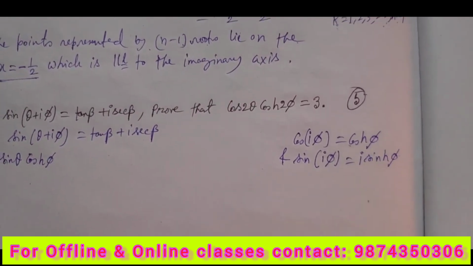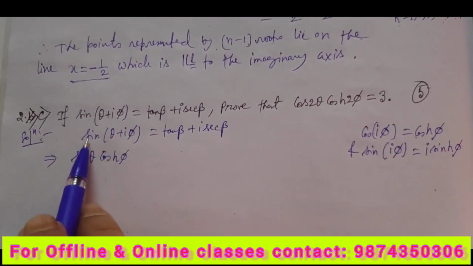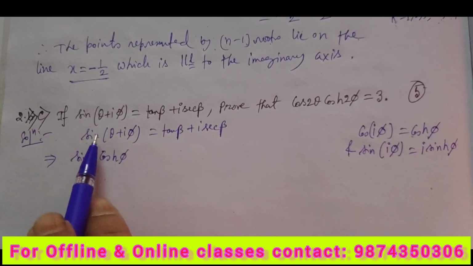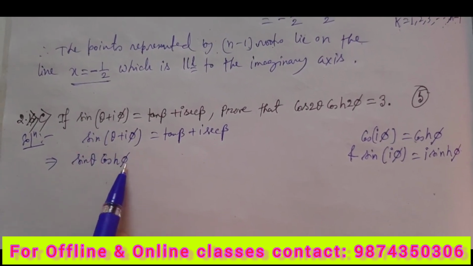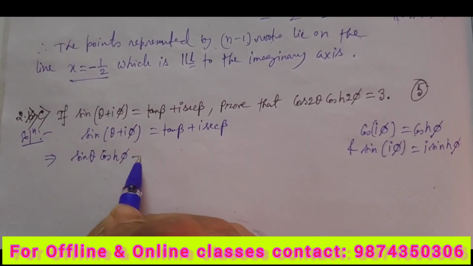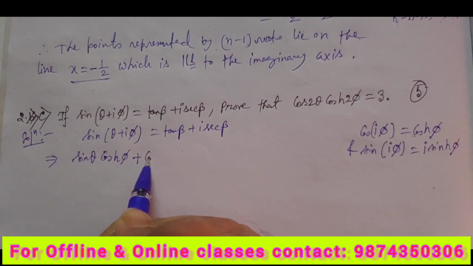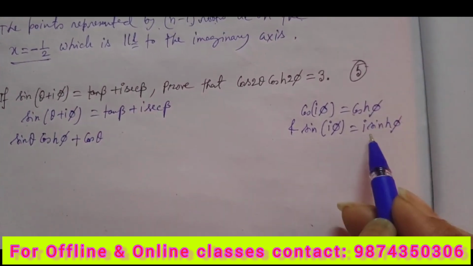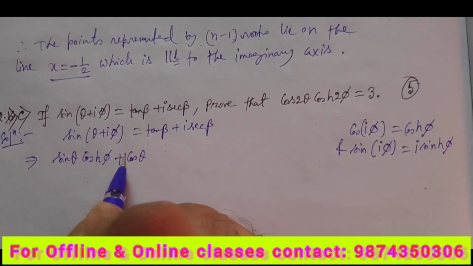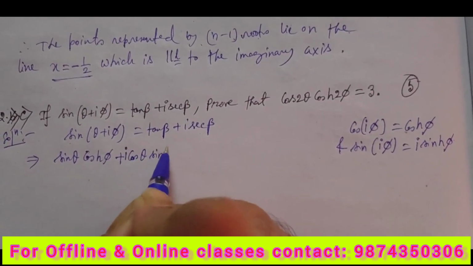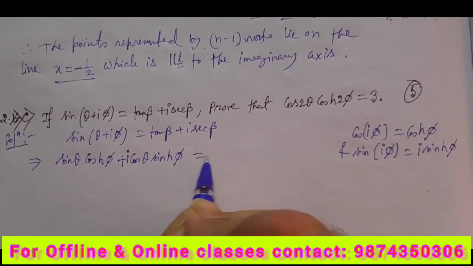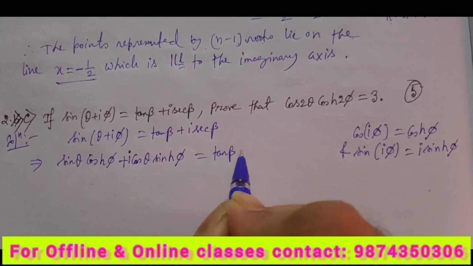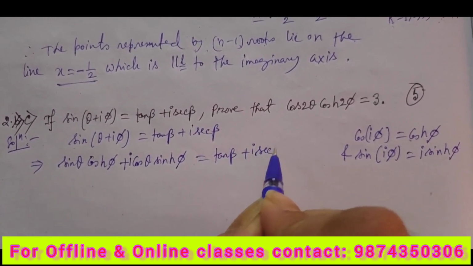We know the standard formula. So sin theta cosh phi plus cos theta into i sinh phi is equal to tan beta plus i sec beta.